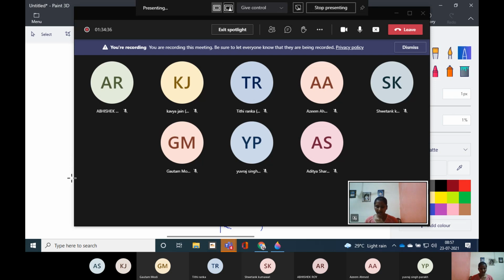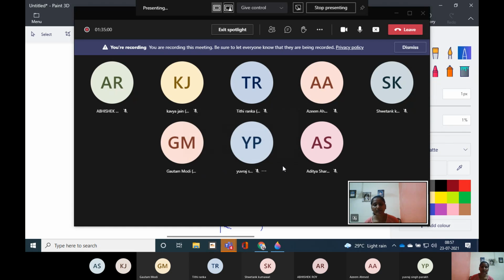Then you can write about myelin sheath. It is an insulating layer around the nerves. You can see around these axons some thin sheets are present. These are myelin sheaths, basically the insulating layer.